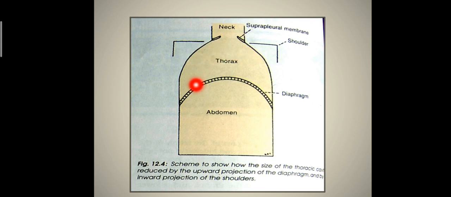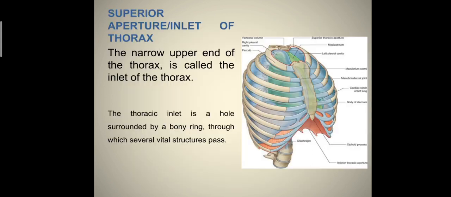The space of the thoracic cavity is reduced by the upward projection of the diaphragm and the inward projection of the shoulder. So the space of the thoracic cavity is narrow. Now, the superior aperture or inlet of the thoracic cavity.